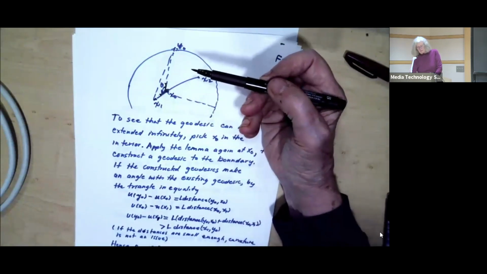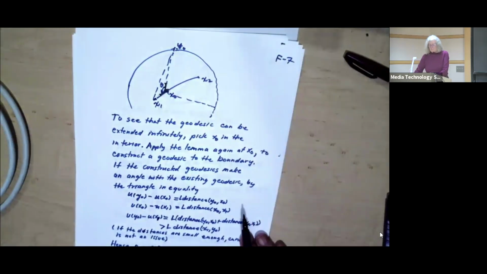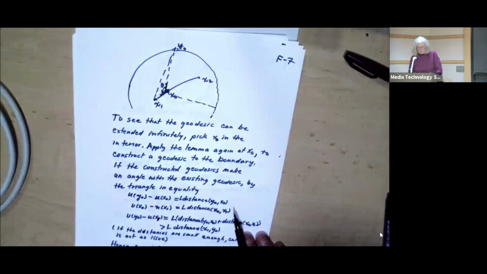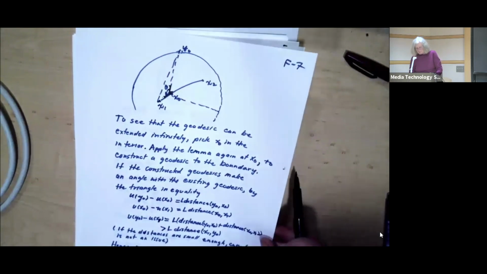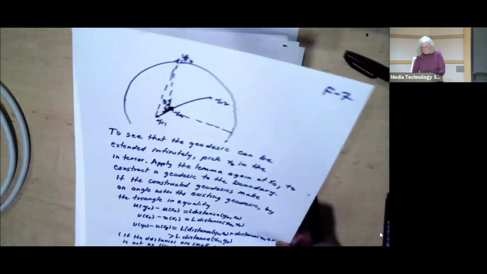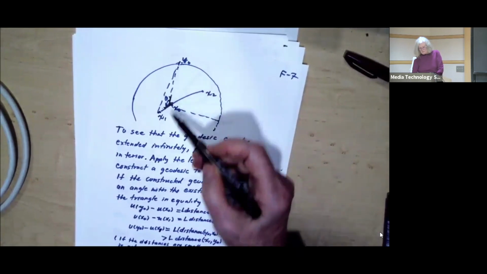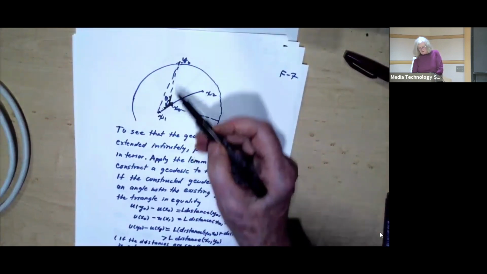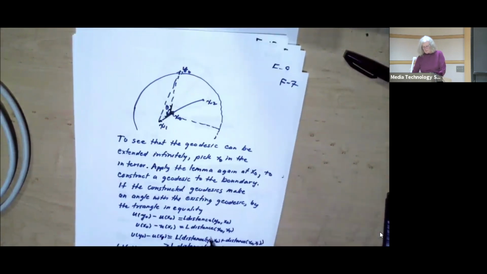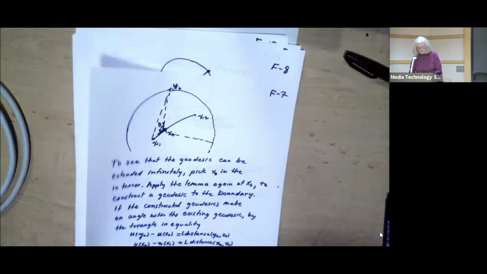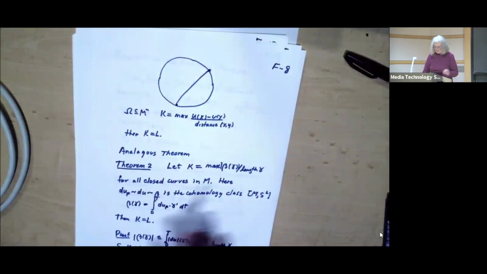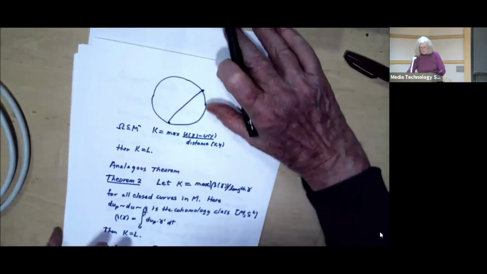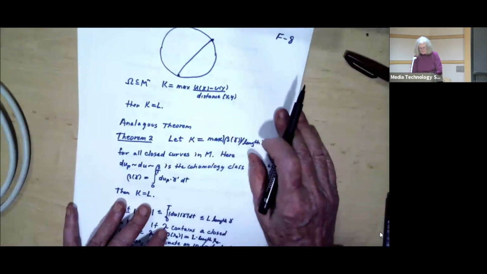So the Lipschitz constant would be bigger than L. So you need a little bit of geometry in the argument. So anyway, the newly constructed geodesics have to coincide, making a 180 degree or zero angle with the original one. Okay, now this is the problem.